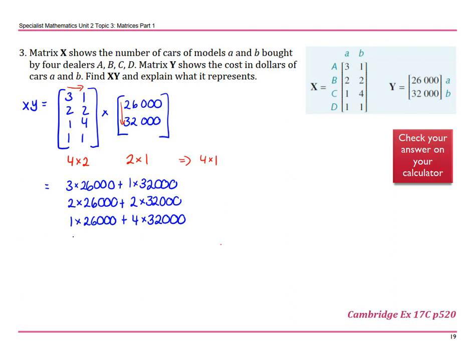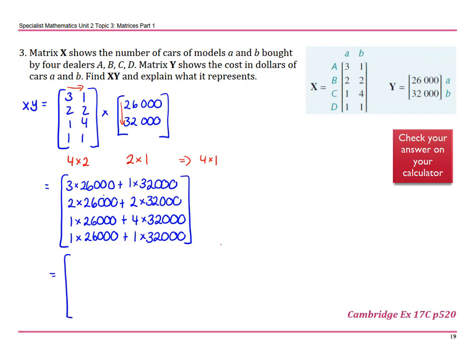Because remember, each row of X is a car dealer, and I'm multiplying by the price of the cars. So what you're doing is you're working out how much each dealer spent.